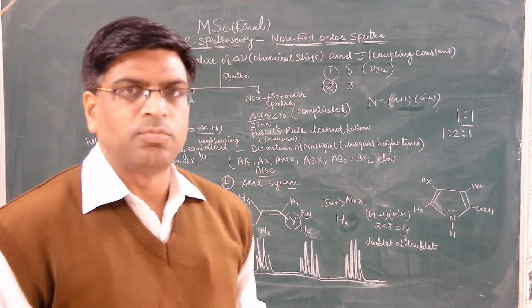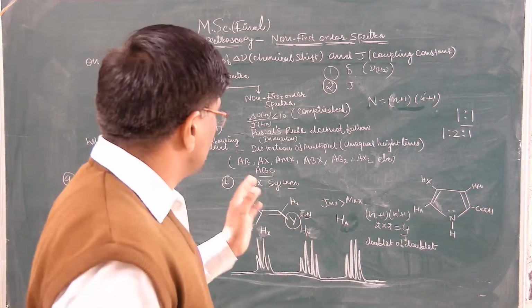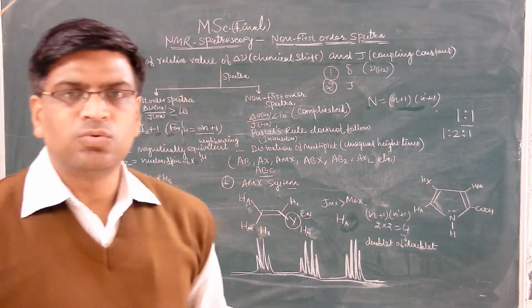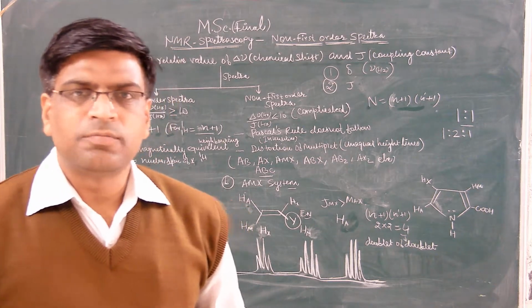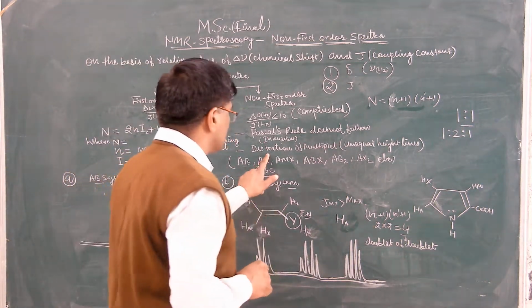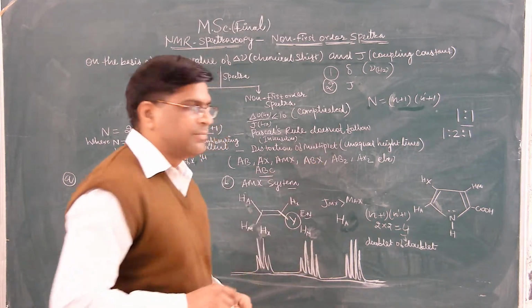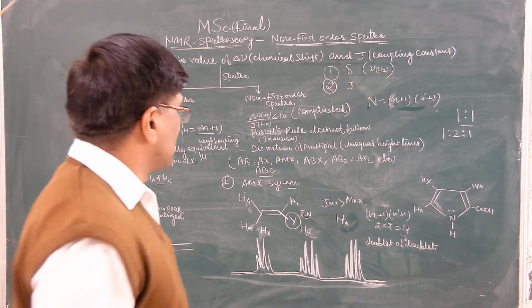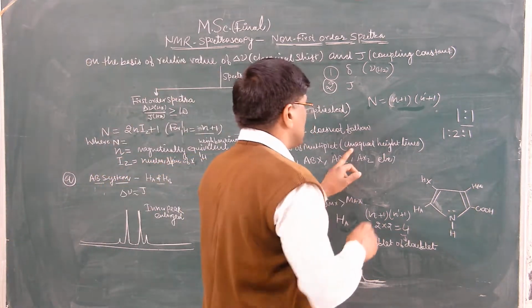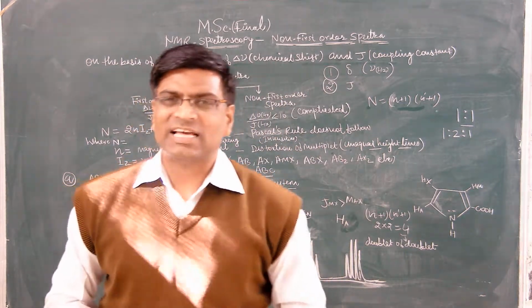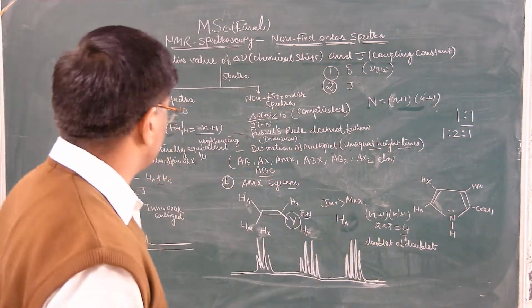But in the case of non-first order spectra, this intensity 1:2:1 cannot be followed because of distortion of multiplets. It means in non-first order spectra, unequal height lines are obtained in the spectra of the proton.